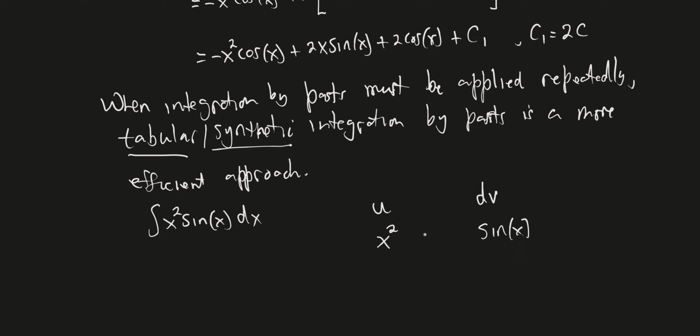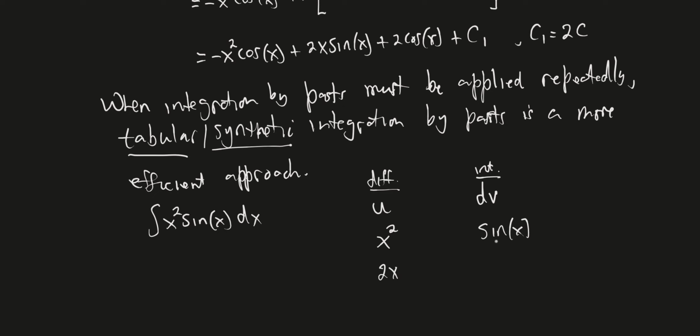Now, think about it. When we did the integration by parts twice, every time we had a u, we differentiated the u to get du, and every time we had a dv, we integrated the dv, right? So this column is going to be differentiated, and this column is going to be integrated. Let's say we do it once. If I differentiated this once, I would get 2x.